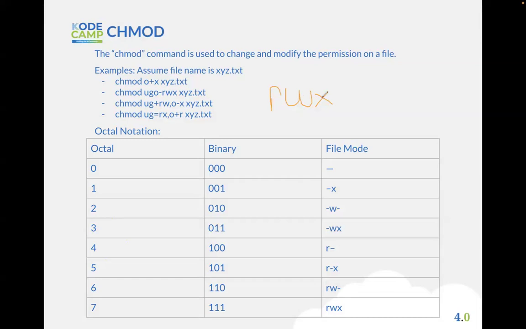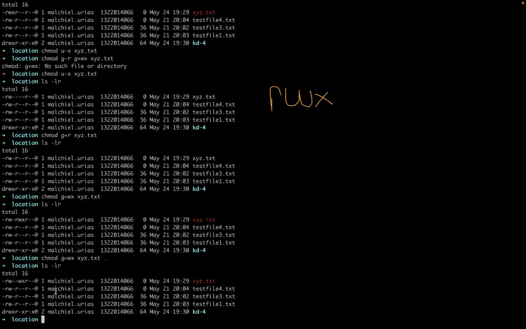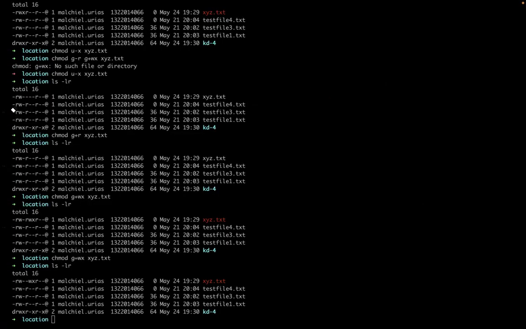Execute for a file. And remember, it specifies permissions for all the permission groups. You have it for user, you have it for group, you have it for others, right? RWX.